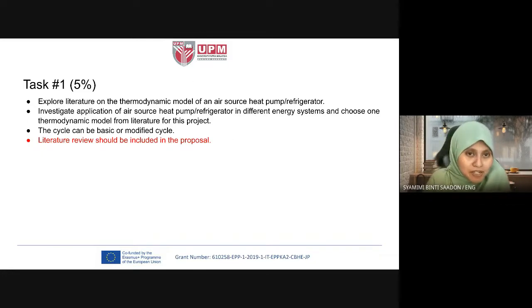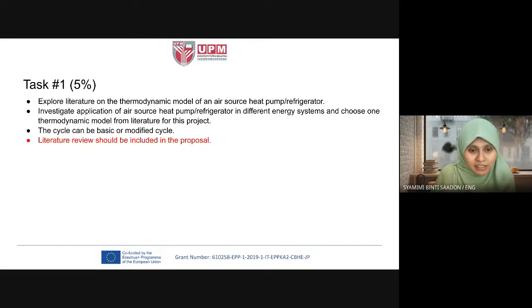So the first one accounts for around 5%. Of course, you have to read a bit of background literature on the thermodynamic model of a heat pump. There are several different models of heat pump: the basic model, or what we call the modified model, like I mentioned to Marwan just now.